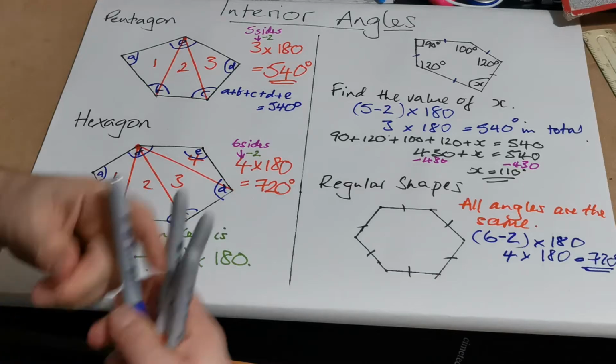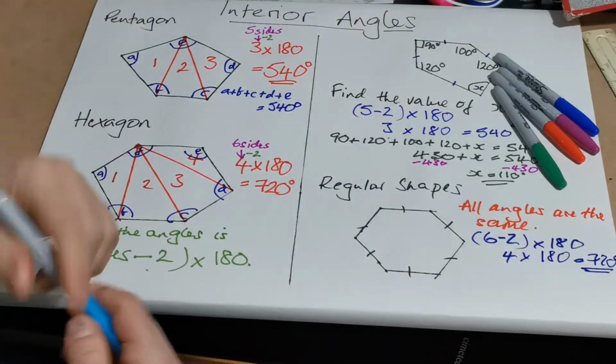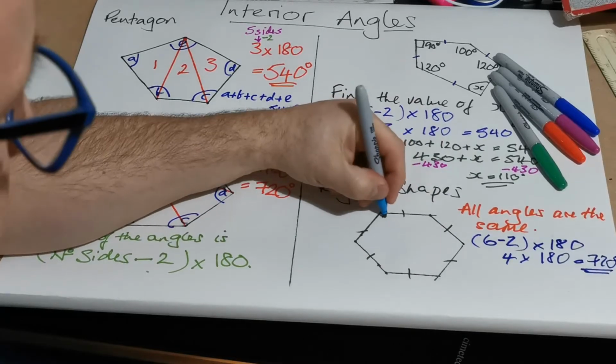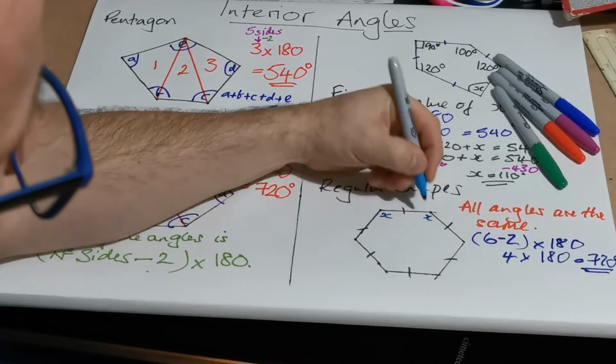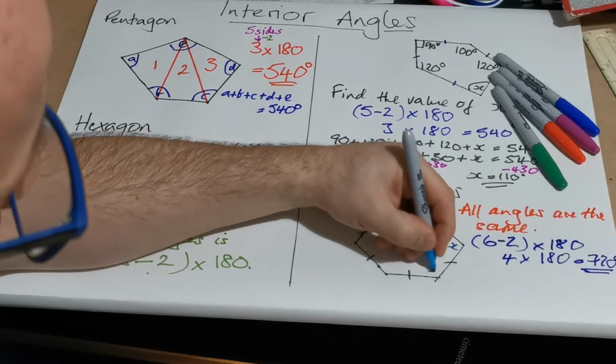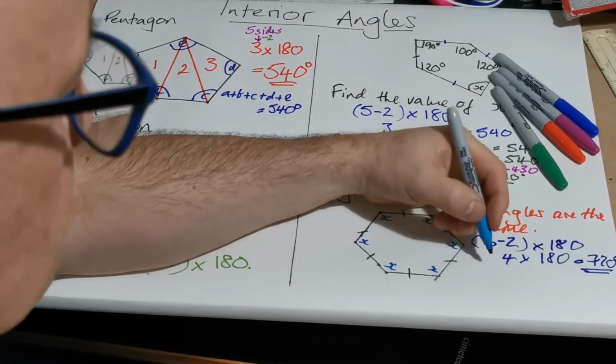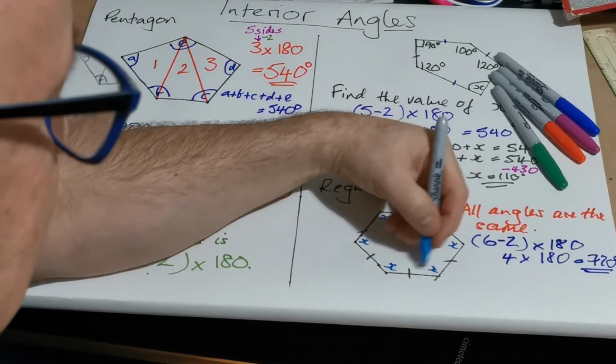Now, the thing that we've got going in here is that we've got identical angles. So if this one's x, then this one's x as well, this one's x as well, this one's x as well, this one's x as well, and this one's x as well. So I've got 6 x's here.